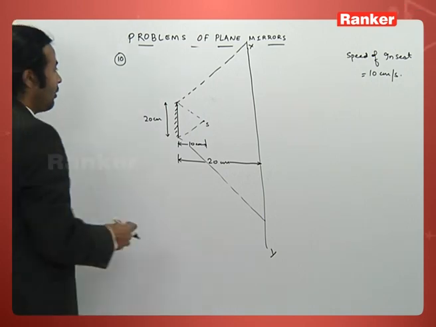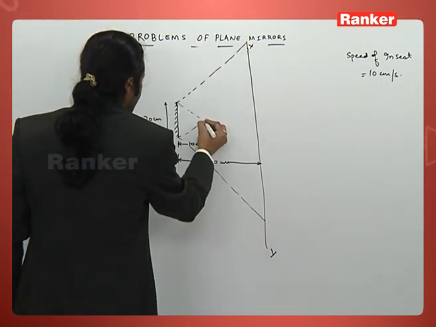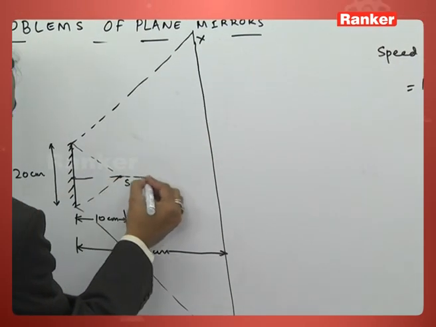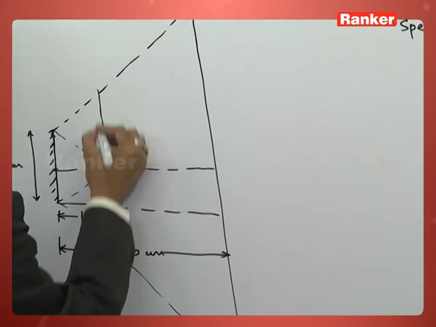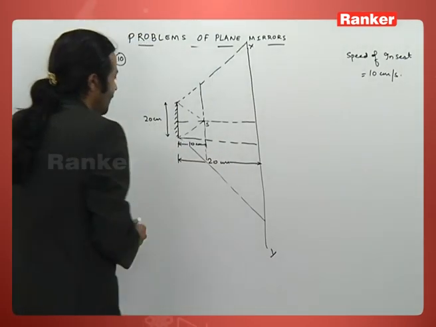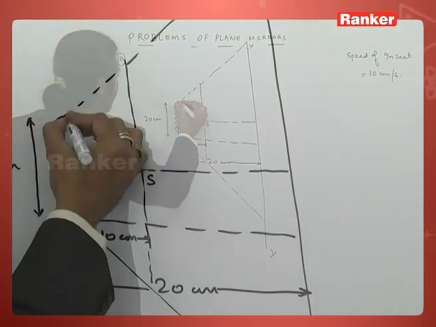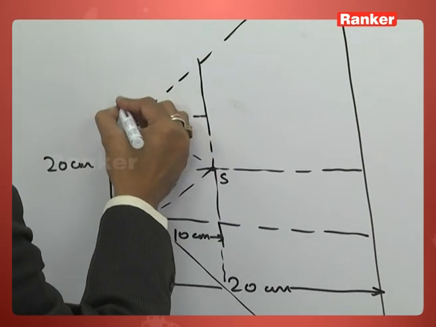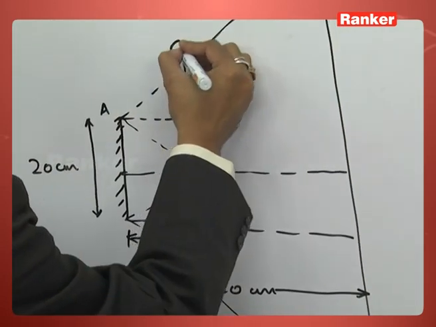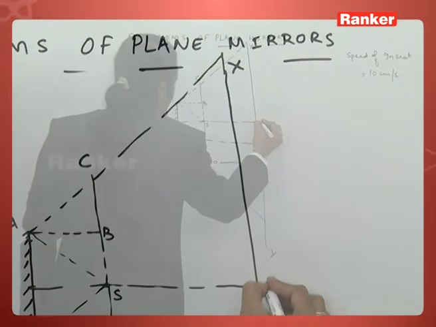Now I want to calculate this length. It's very simple to calculate, all geometrical interpretations. Now if you look carefully, this is 10, I name this triangle A, B, C, X is given.